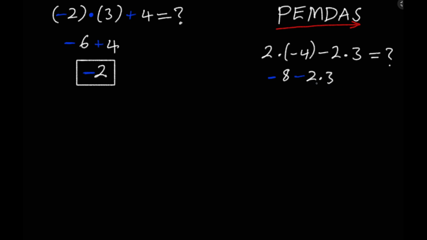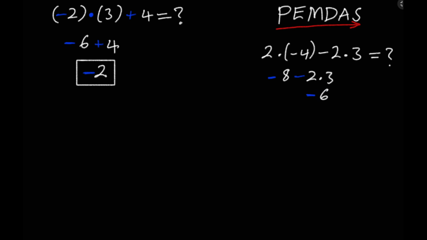Negative 2 multiplied by 3, or 2 multiplied by 3 rather, is 6. And then, because the signs are different, the sign of 3 is positive, and then the sign of 2 is negative, the sign here will be negative.